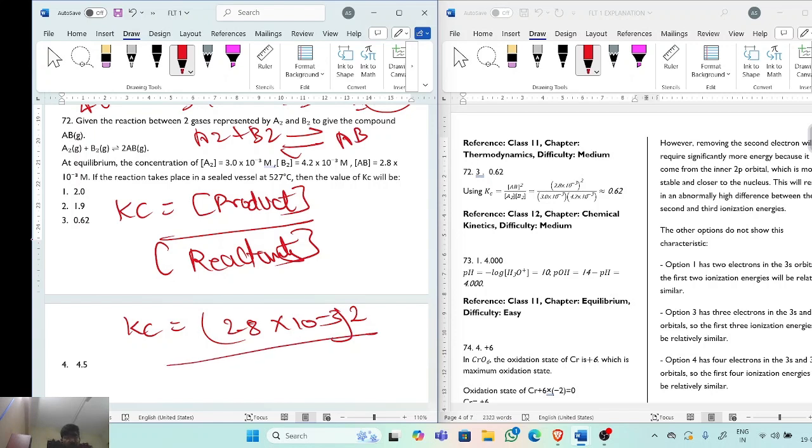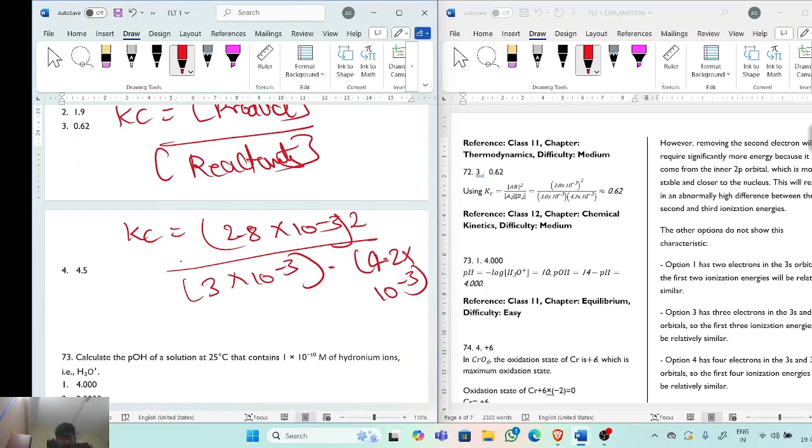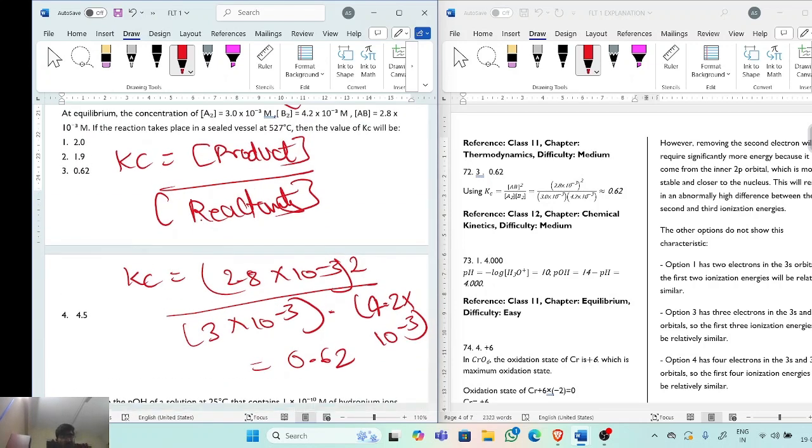Now the concentration of reactants are 3 into 10 raised to the power of minus 3 into 4.2 into 10 raised to the power of minus 3. So if we solve this calculation, the answer will be close to 0.62. Okay, so the value of equilibrium constant will be 0.62, which is option number 3.